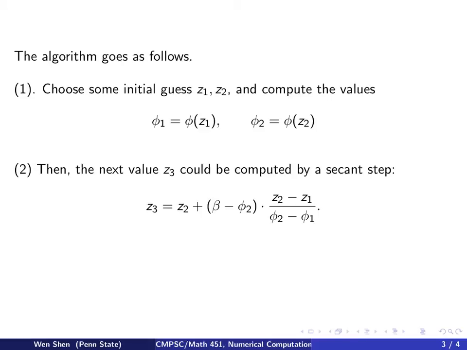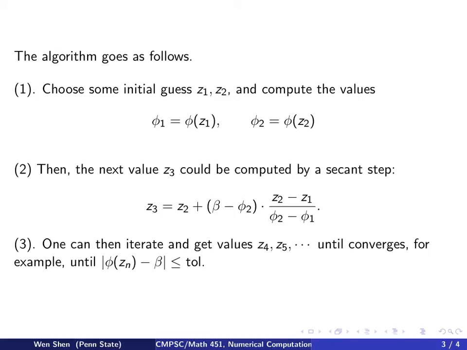Then the next value, z3, can be computed by a secant step. So z3 will be z2 plus what is available in the secant step: beta minus phi2, how far away you are, multiplied by the inverse of the derivative, computed using a secant slope. The slope will be phi2 minus phi1 over z2 minus z1. This will be in the denominator, so I write it here and flip it.